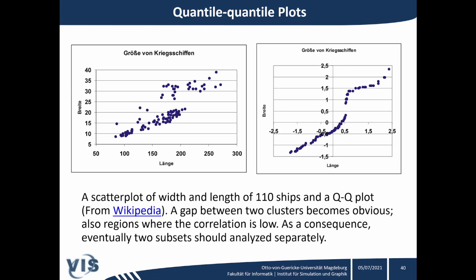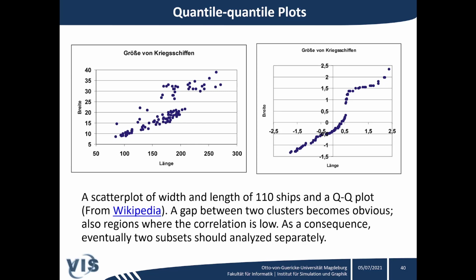An example is given here for approximately 110 warships at the outbreak of the Second World War. So the variables length and breadth were collected, and the scatter plot shows that there are obviously two distinct groups that stand out clearly as clusters. And for the QQ diagram, the data were standardized to facilitate comparability.